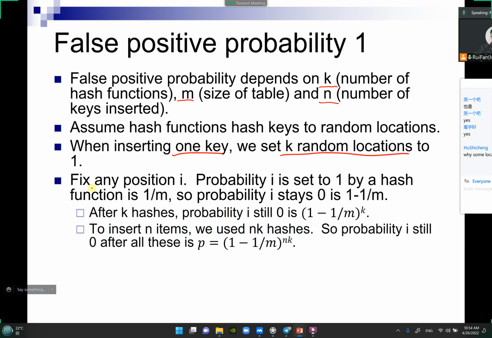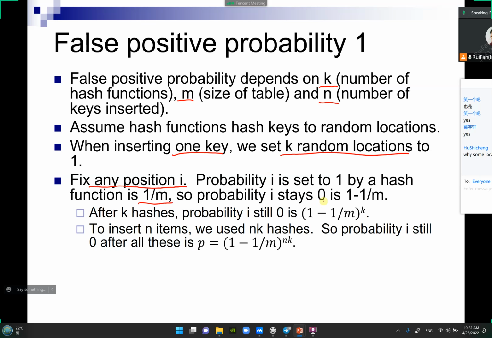All right, now let's fix any particular position i in the table. The probability that i is set to 1 by a single hash function is 1 divided by m, because a hash function just takes a key and sets a random location to 1. So the probability that it sets location i to 1 is 1/m.